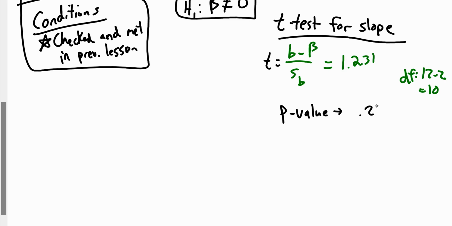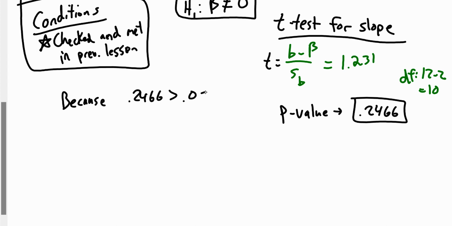But it would give you your p-value is 0.2466. So we can now draw our conclusion that because 0.2466 is greater than 0.05, or really any logical, reasonable alpha value, we would have to fail to reject the null.